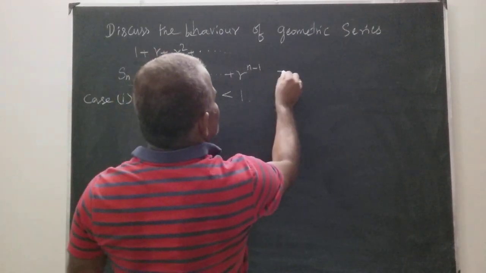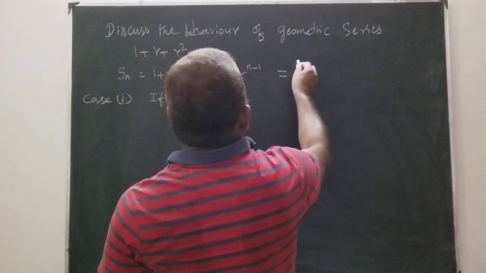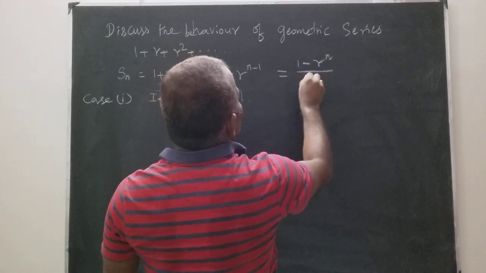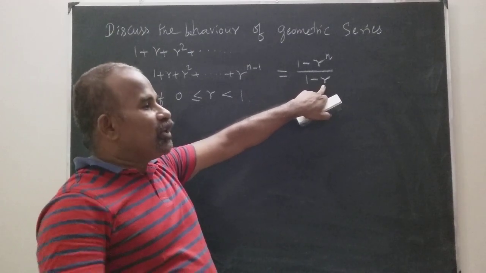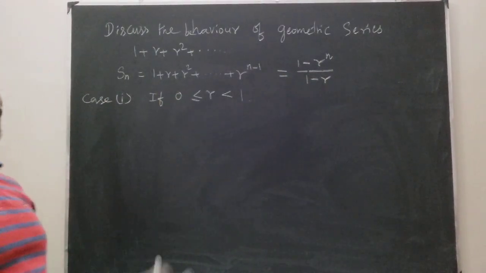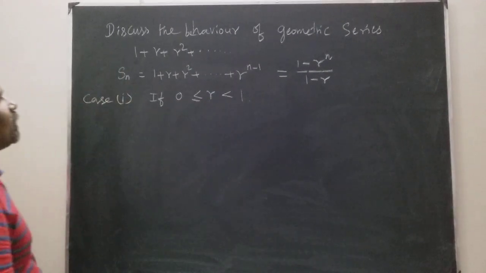So this is nothing but the sum of the geometric series. Sum of this geometric series is nothing but 1 minus r power n divided by 1 minus r, if r is less than 1. If r is greater than 1, r power n minus 1 divided by r minus 1. Now if 0 is less than or equal to r is less than 1.